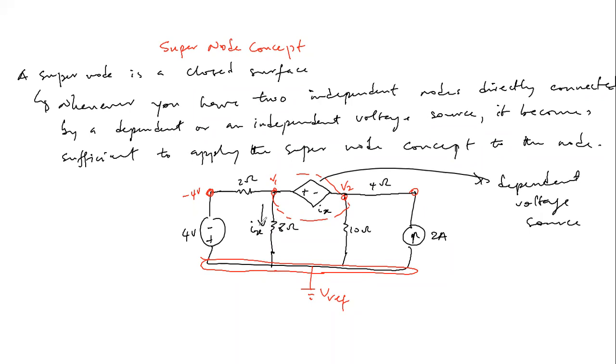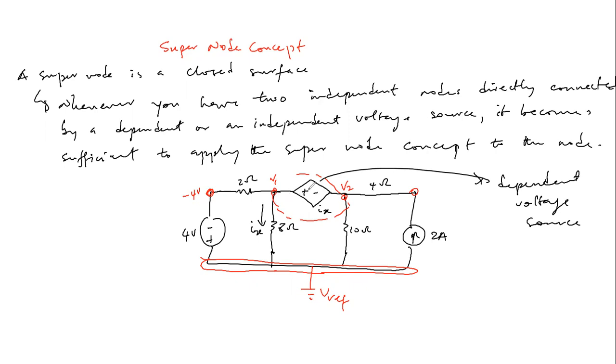The bottom line is whether it is a dependent voltage source or an independent voltage source, so long as it is connected between two unknown voltages, meaning between independent nodes, then the supernode concept applies.